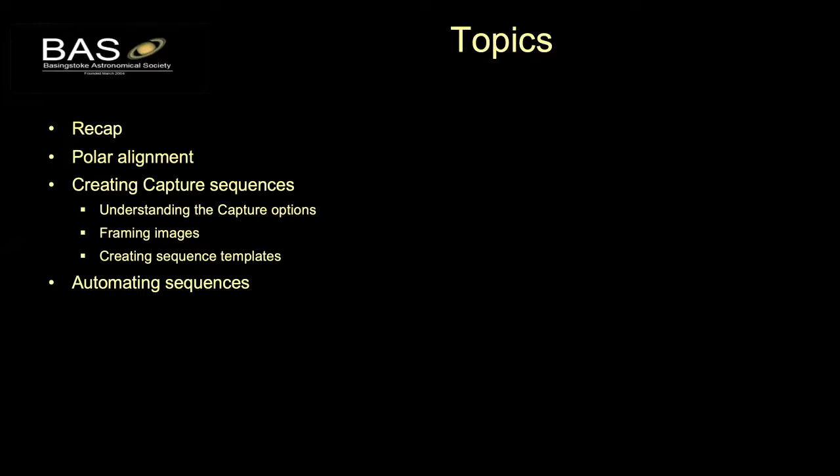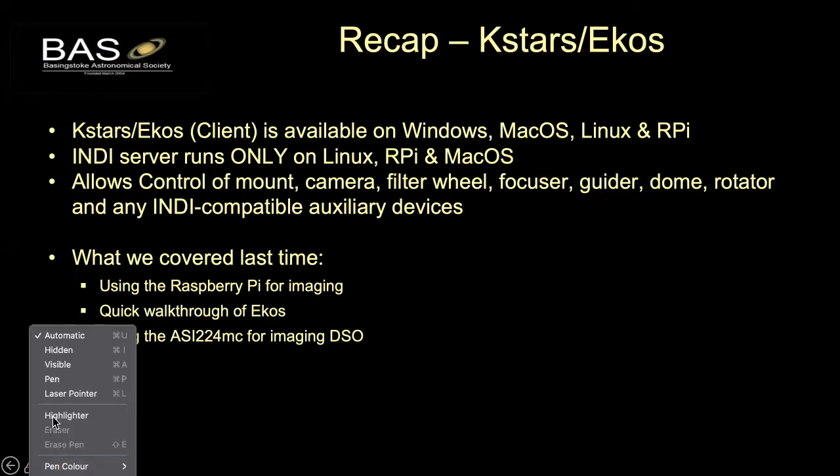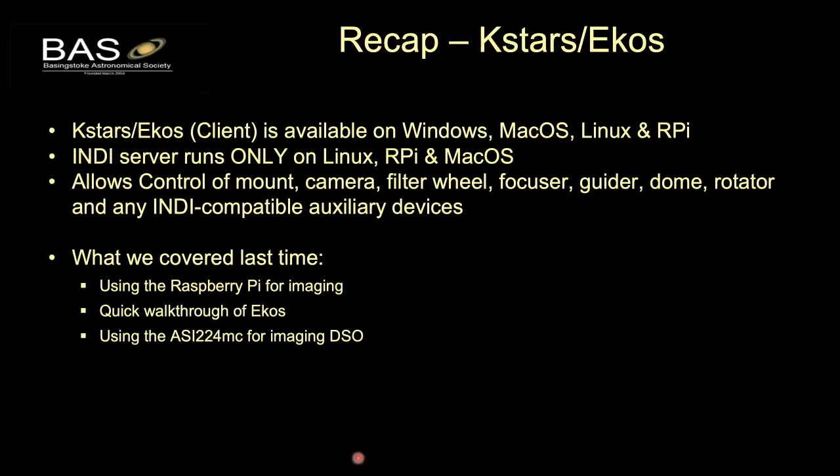So coming back to the recap, the quick recap is this. We know that KStars, as a client, is available on Windows, Mac OS, and Linux. And of course, the INDI server just runs on Linux, so that means it runs on the Raspberry Pi and Mac OS as well.